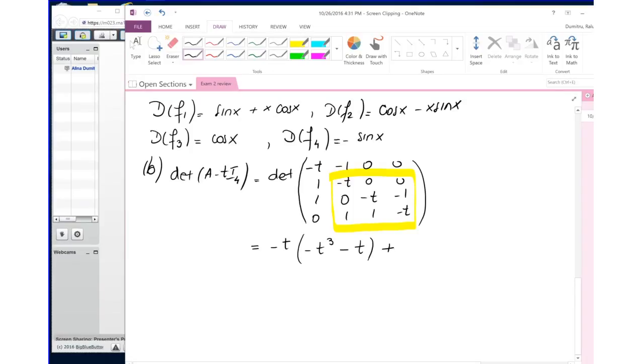So it turns into plus 1 times the determinant of which matrix? 1, 0, 0; 1, negative t, negative 1; 0, 1, negative t. What do you get? T squared, 0, 0, 0, plus 1, t squared plus 1.